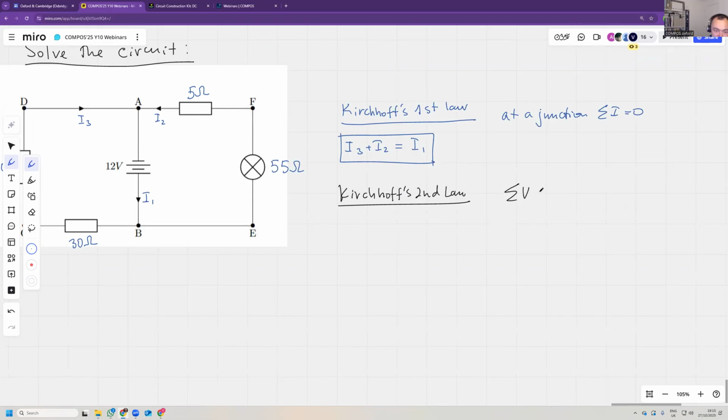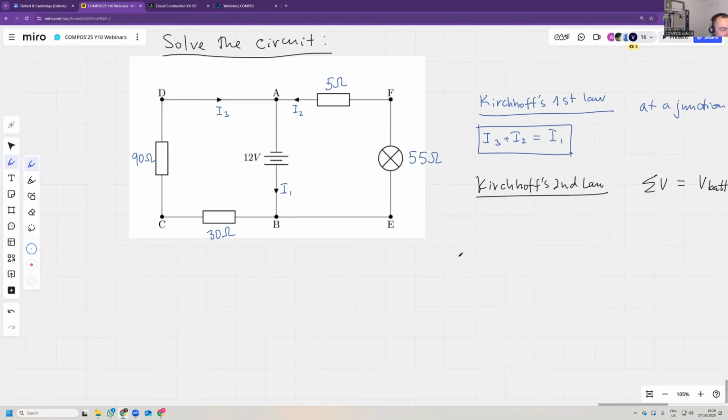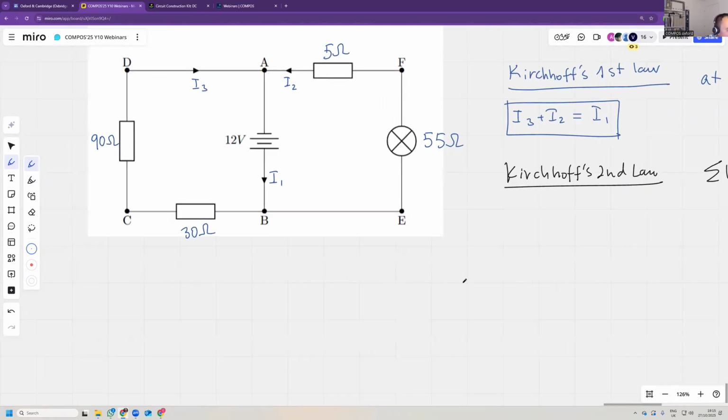The sum of the voltages is equal to the voltage on the battery in a slightly simplified manner. So let's label the voltages. Let's call them V1, V2, V3, and V4.